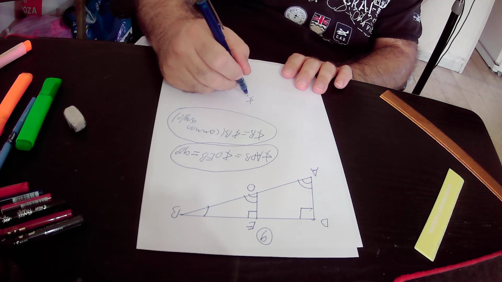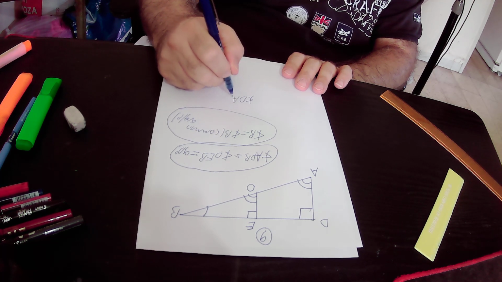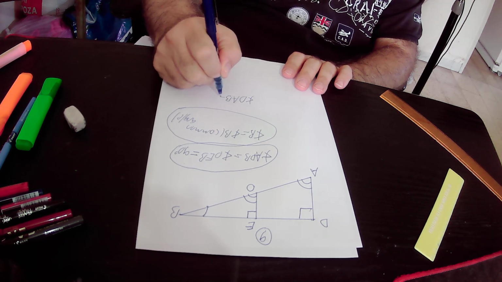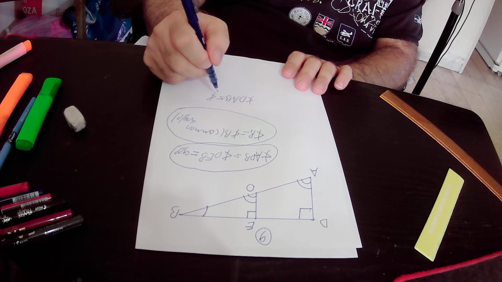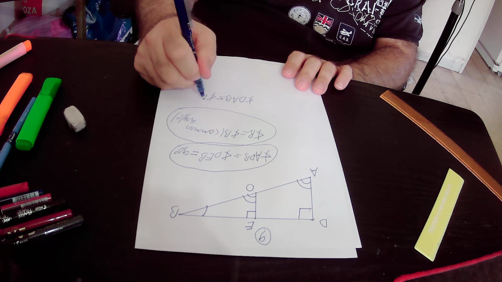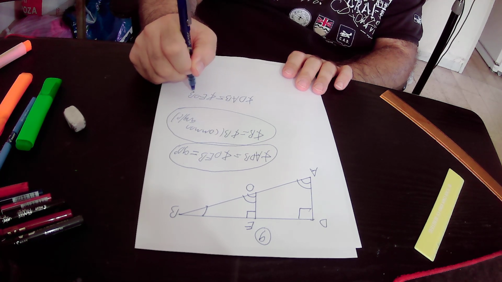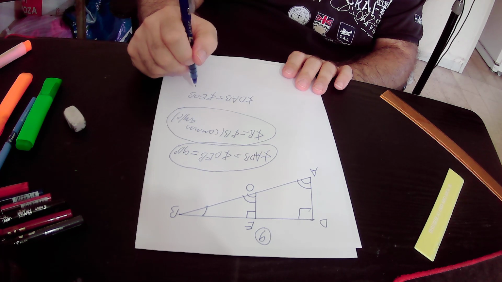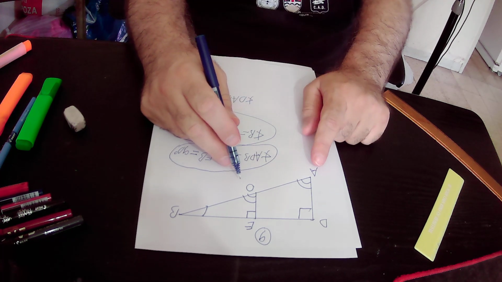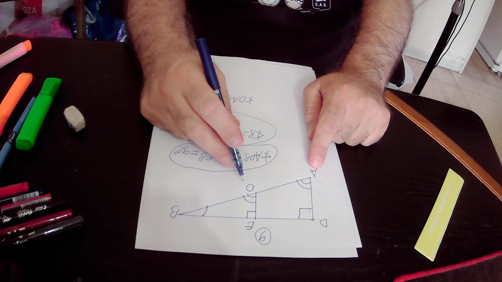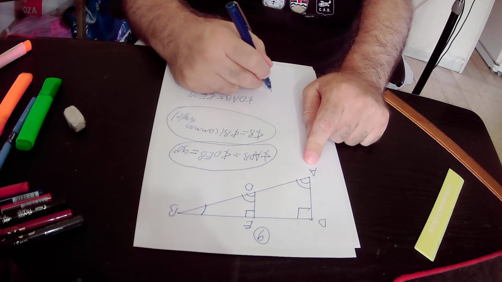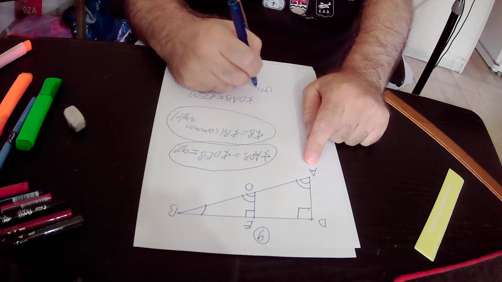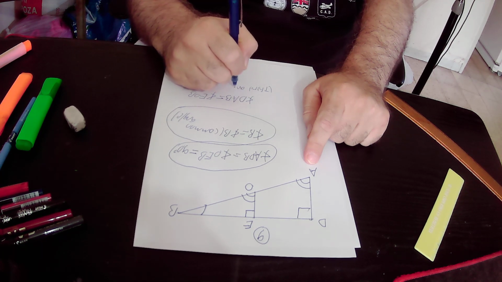Angle DAB in the big triangle is equal to angle EOB in the small triangle. They are equal to each other according to the third angle theorem.